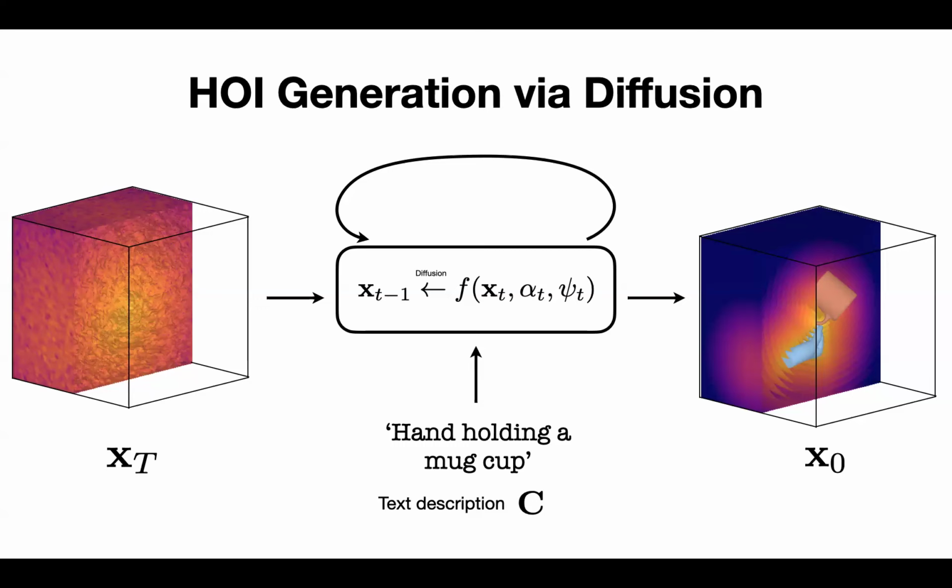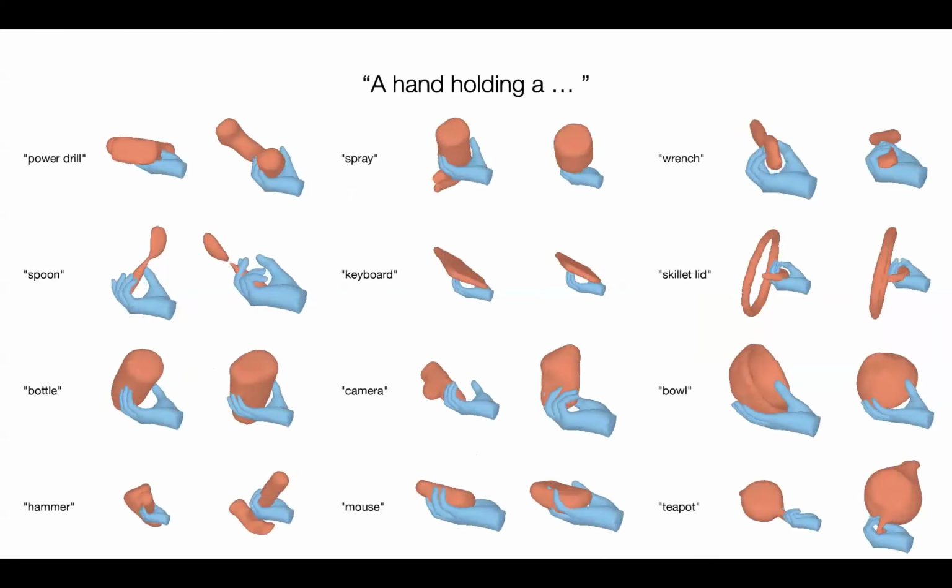It's going to be conditioned on the text description C, which is "hand holding the mug." And then at the very end of our diffusion process, we'll get a full and clean interaction grid, which, if you recall, contains the object shape and the hand shape or the hand pose, in a common reference frame so that they're interacting with each other.